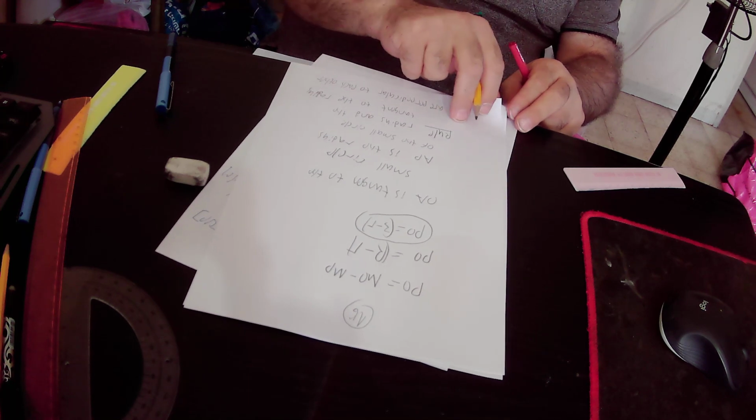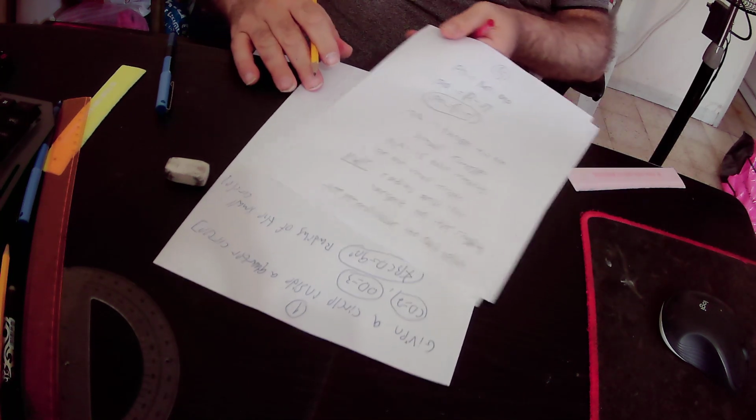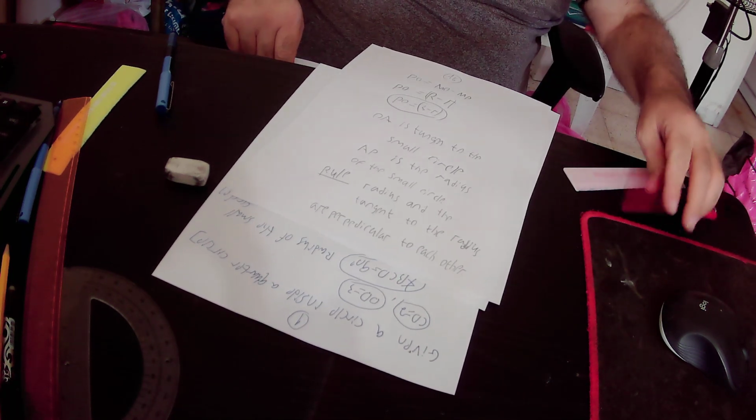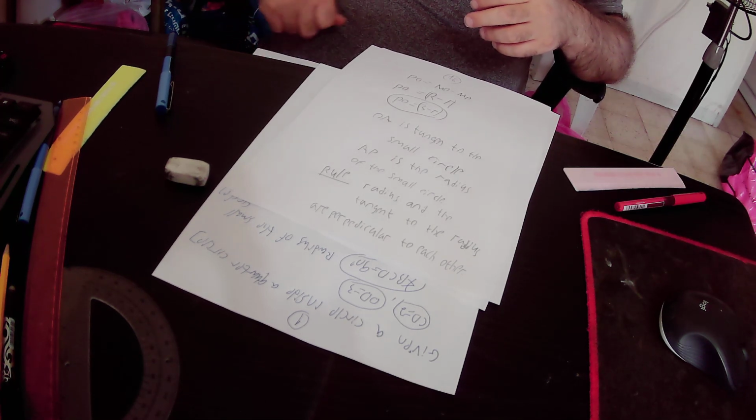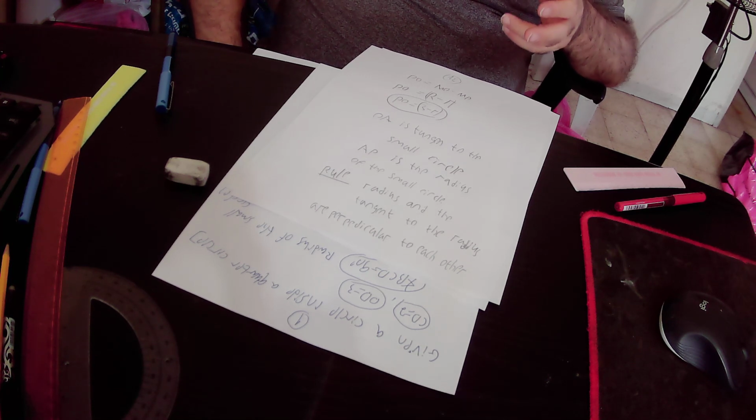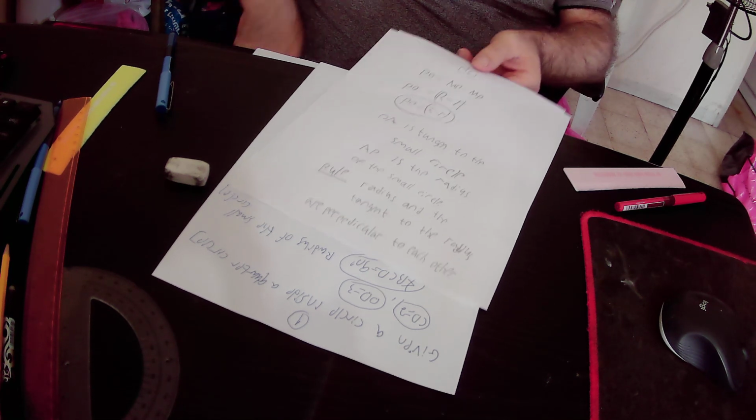So I will read the rule again. The rule states that the radius and the tangent to the radius are perpendicular to each other.